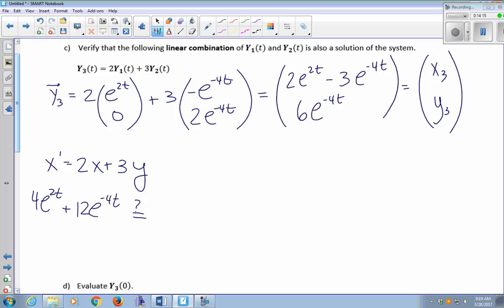Good. So I just took the derivative of x3. That's my x prime. Okay. Now I'm going to see, does that equal 2x plus 3y? So 2 times x3, which is 2e to the 2t minus 3e to the negative 4t, plus 3 times y, which is 6e to the negative 4t.